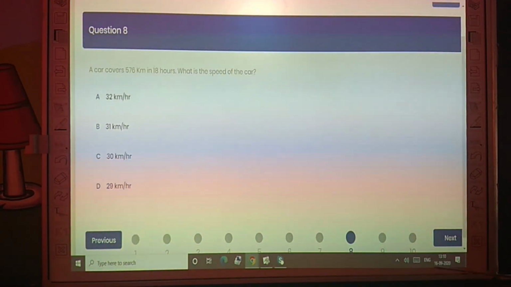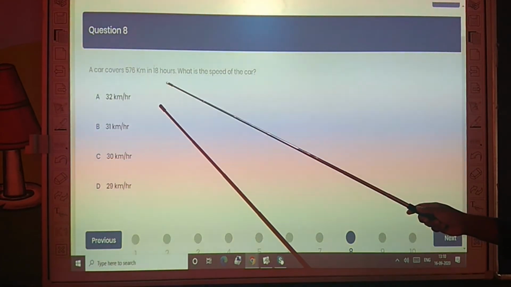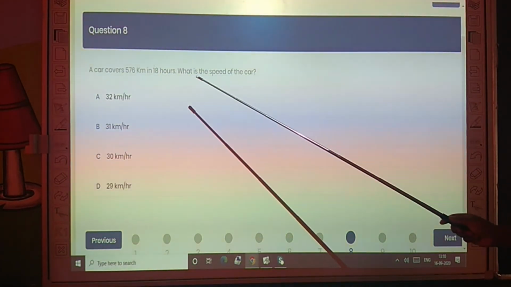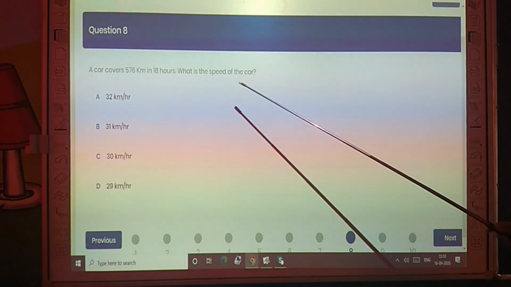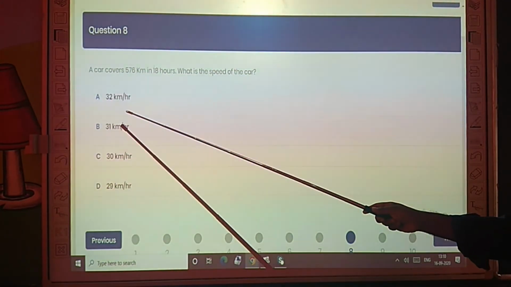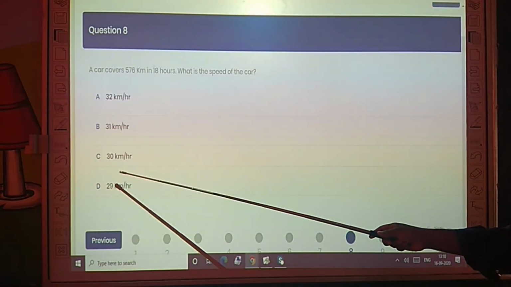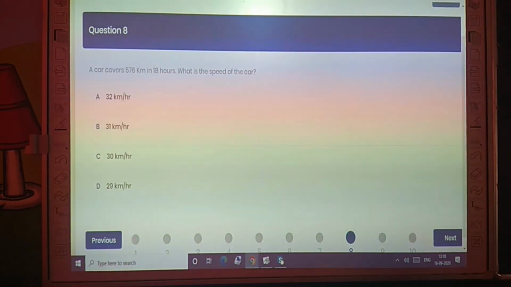Question number 8. A car covers 576 km in 18 hours. What is the speed of the car? A, 32 km per hour, B, 31 km per hour, C, 30 km per hour, D, 29 km per hour.